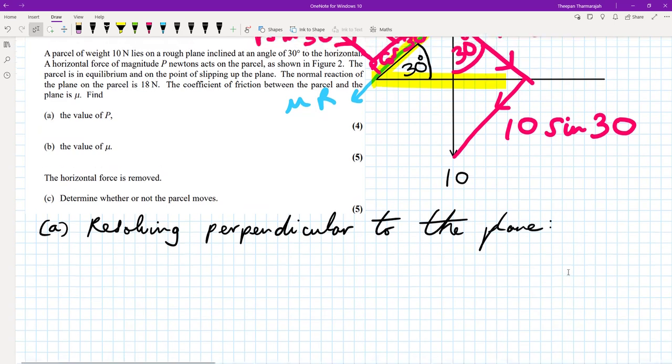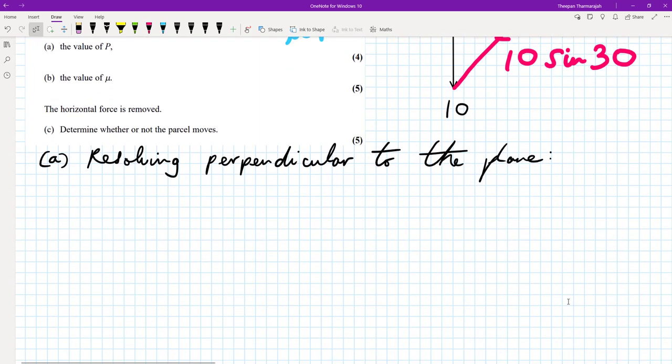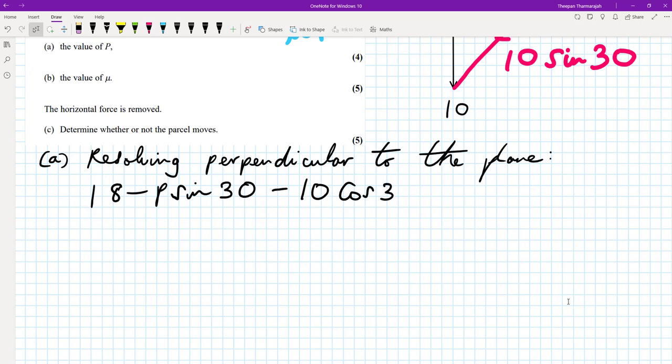so if we look perpendicular to the plane, what's happening? So we've got 18 and the force that's opposite is 10 cos 30, and we've also got P sine 30. So it's going to be 18 minus P sine 30 minus 10 cos 30, and that's equal to 0 because it's not moving perpendicular to the plane.